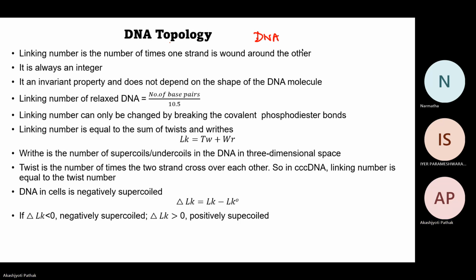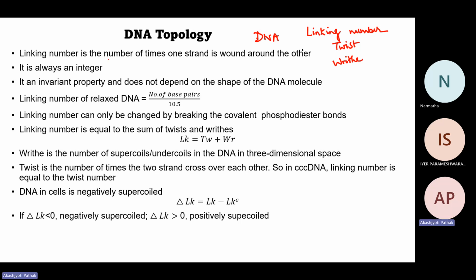There are a few terms that come up when we talk about DNA topology: linking number, twist, and writhe. These are the terms which you must understand when we are discussing DNA topology.